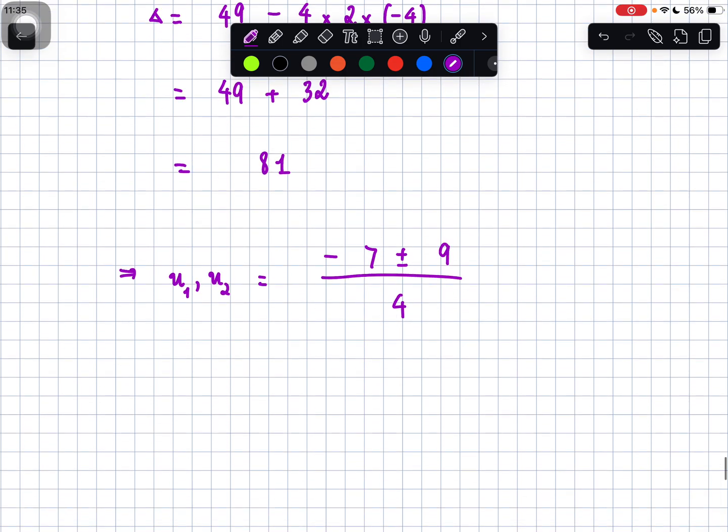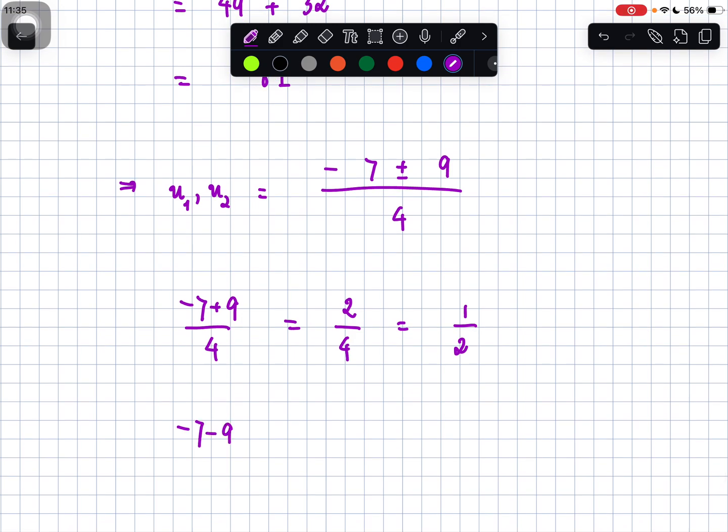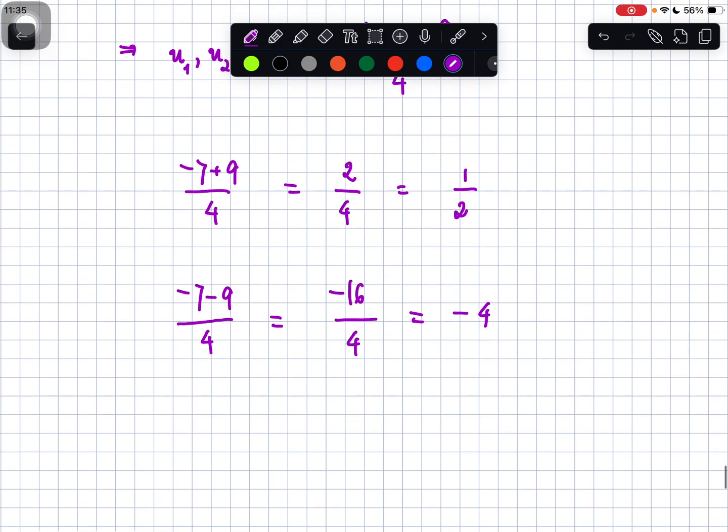We have minus 7 plus 9 divided by 4, 2 over 4, 1/2. Minus 7 minus 9 divided by 4, minus 16 over 4, minus 4. We have 2 roots, u equal to 1/2 or minus 4.